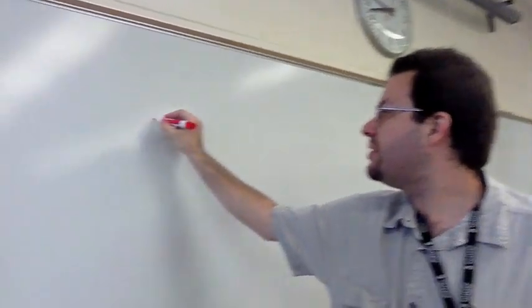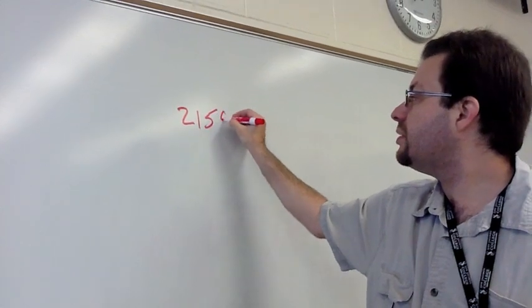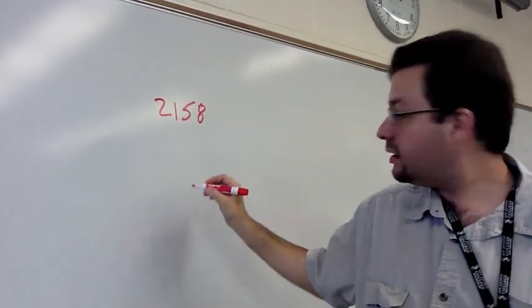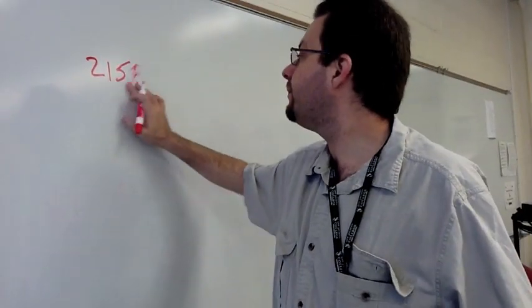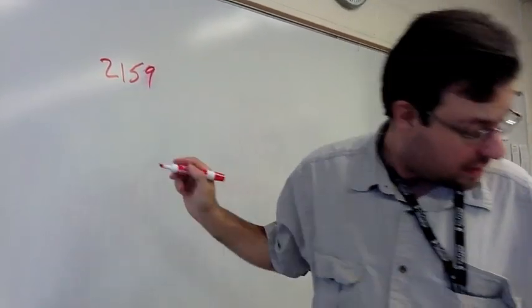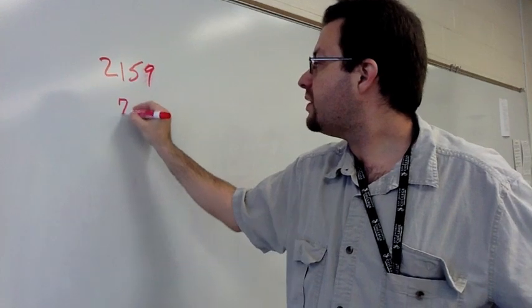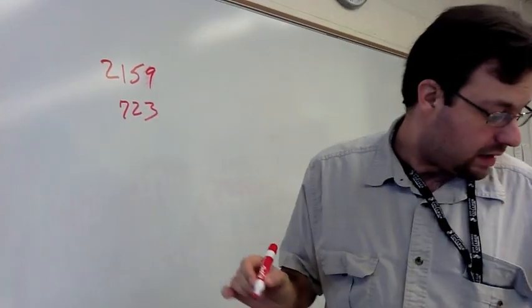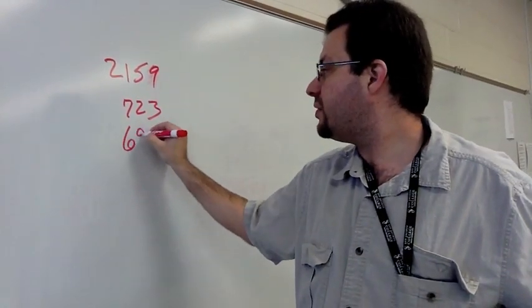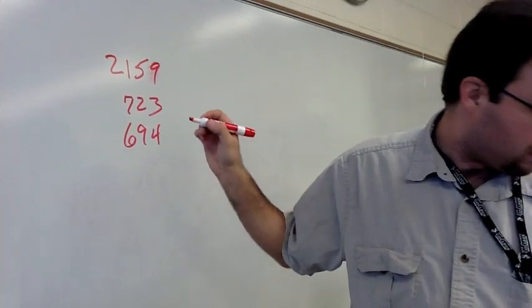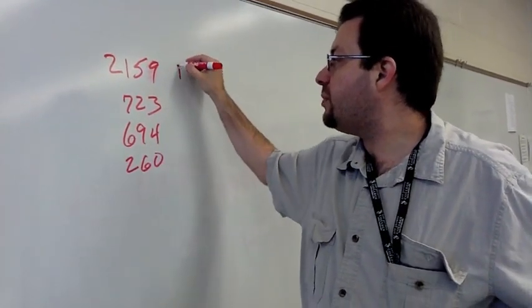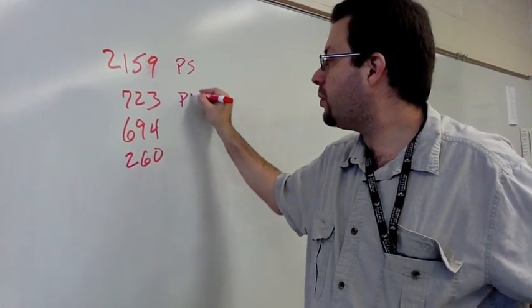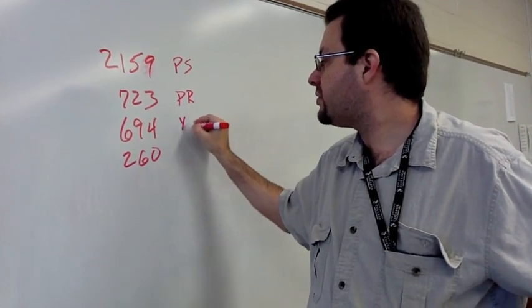Now, I'm going to take you through these numbers first. This is the class data I got for one of the current classes. This is the number of kernels: purple smooth, purple rough, yellow smooth, yellow rough.